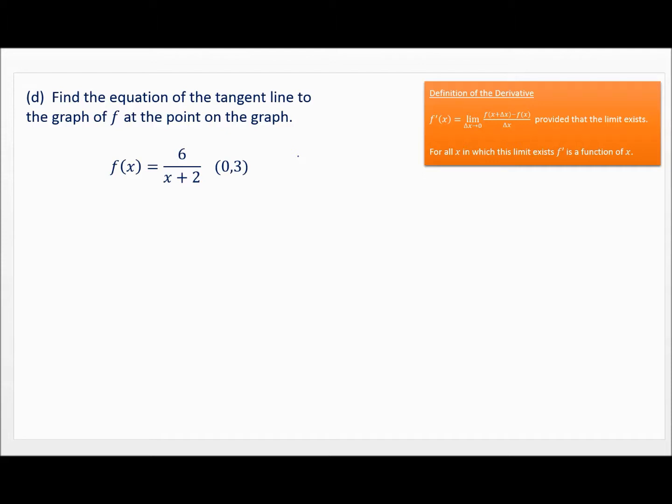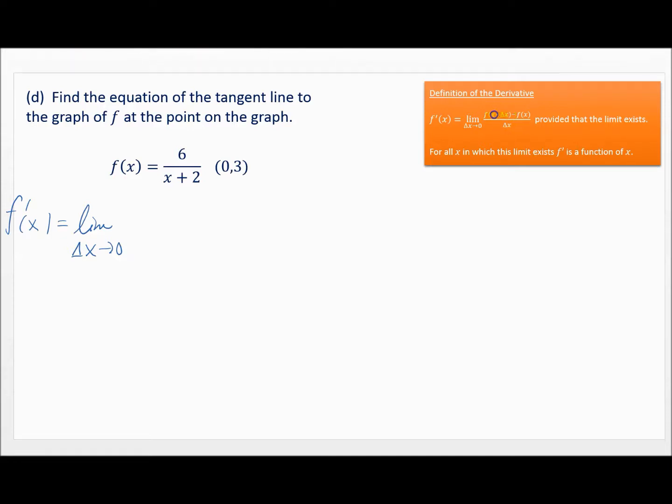But this is a slightly more complicated algebra problem, so we're going to write proper notation. f prime of x is equal to the limit as delta x approaches 0 of f of x plus delta x. Okay, so now let's go ahead and substitute in x plus delta x everywhere there's an x.